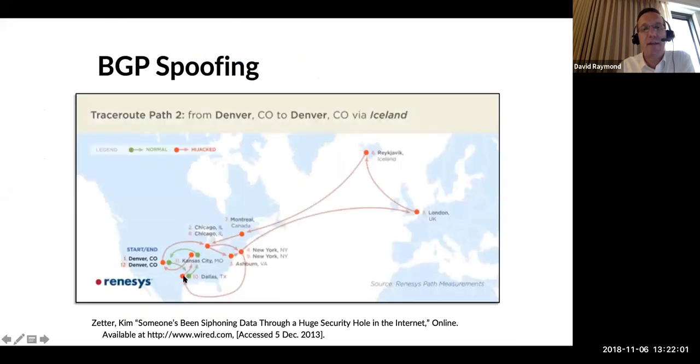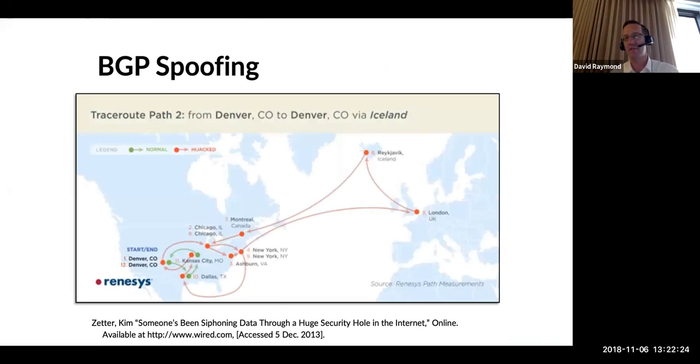Whoops, sorry about that. Around to Dallas, then to Kansas City, then to Denver. So not only is this extremely inefficient, now your email traffic again is leaving the continental United States. It's going through foreign countries' networks, and anybody on that path could intercept the message and potentially read it if it's not sufficiently encrypted.